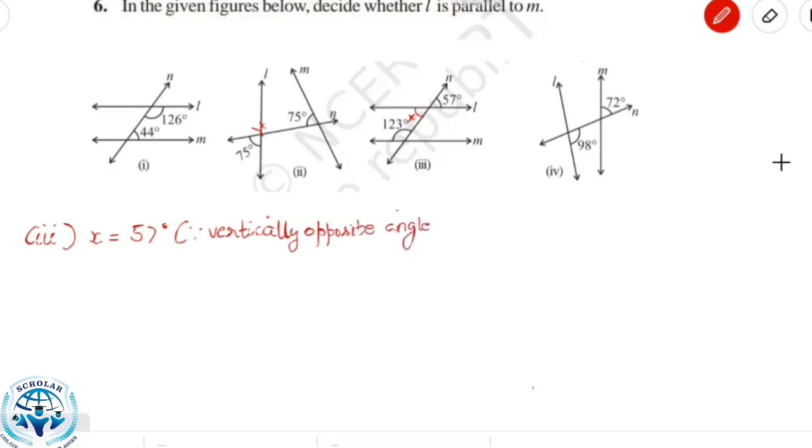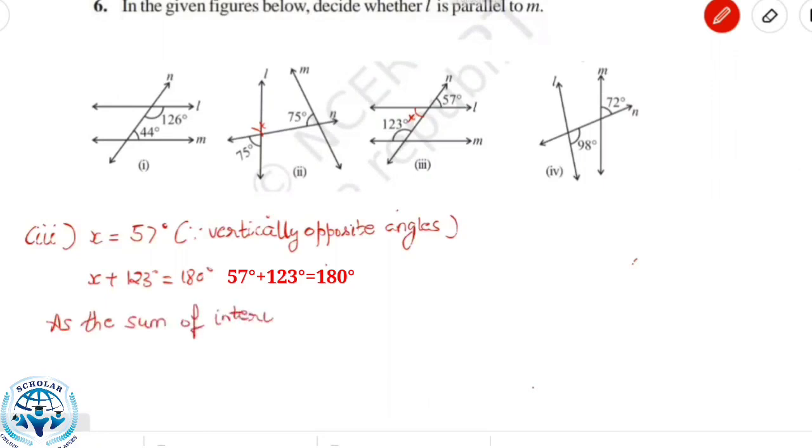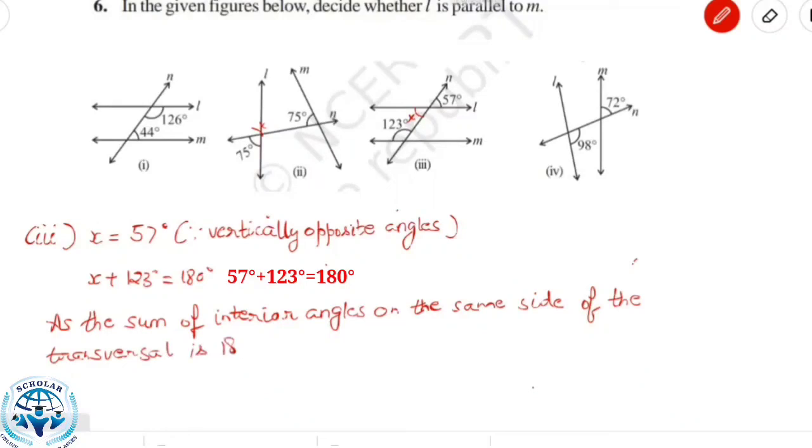Now we will add 123 degrees and 57 degrees to find out if the sum of interior angles on the same side of the transversal is equal to 180 or not. Yes, it is. So L is parallel to M.